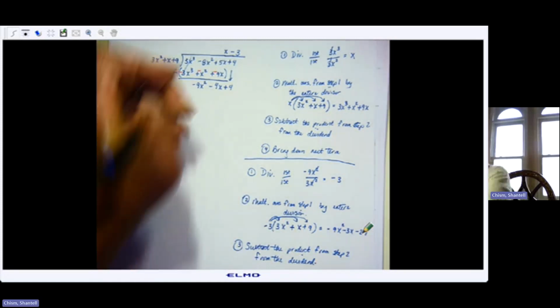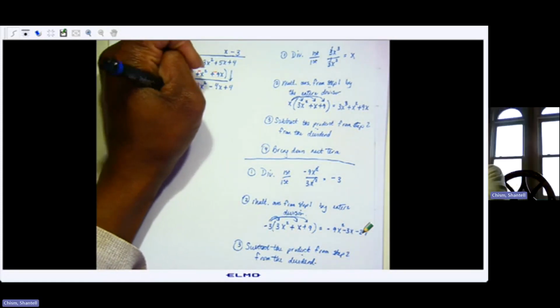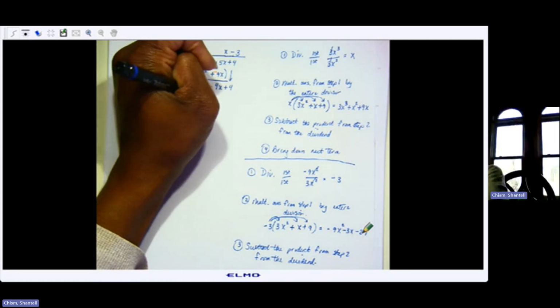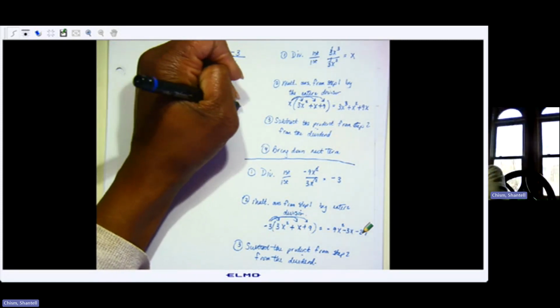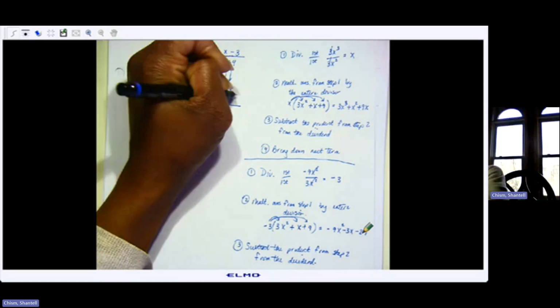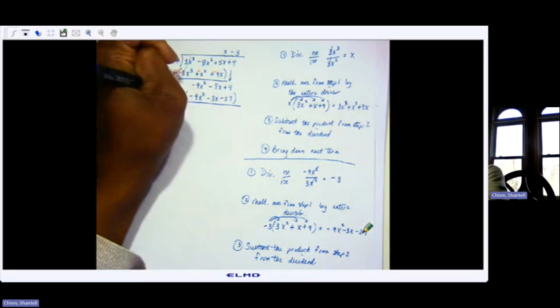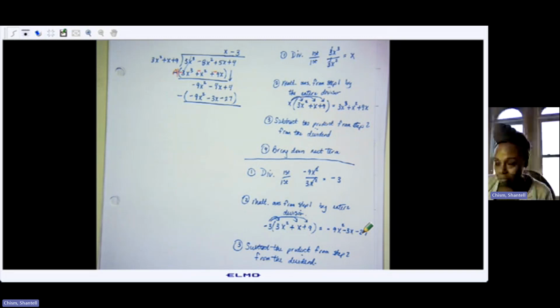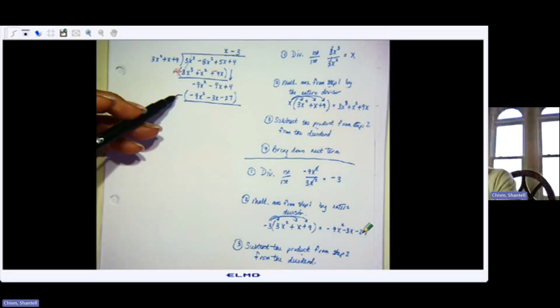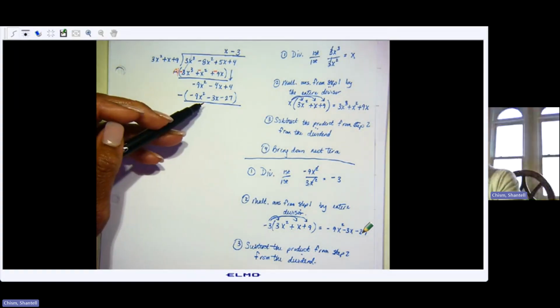Okay? So I'm going to take that and I'm going to put it right underneath here, 9x squared minus 3x minus 27. And I haven't subtracted it until I put it in parentheses and I put a minus out front. Okay, make sure you remember to do that. If you do not put the minus out front, you have not subtracted it.